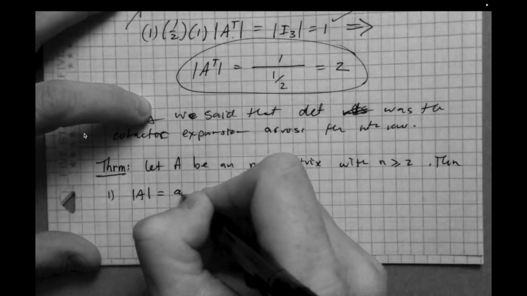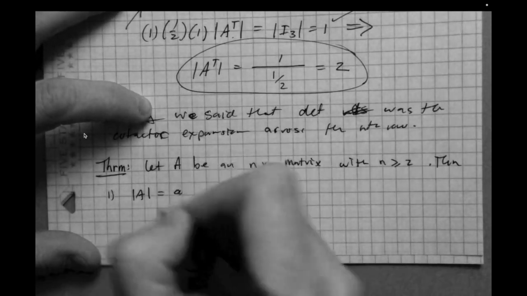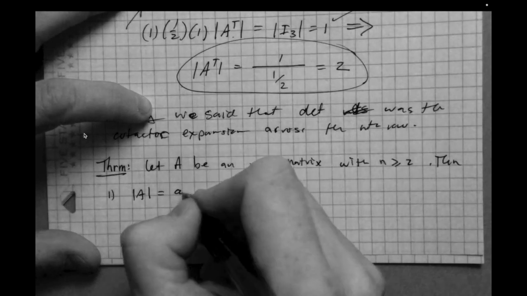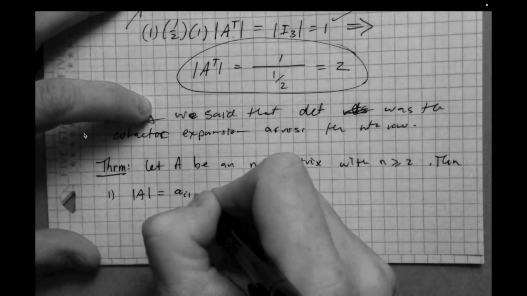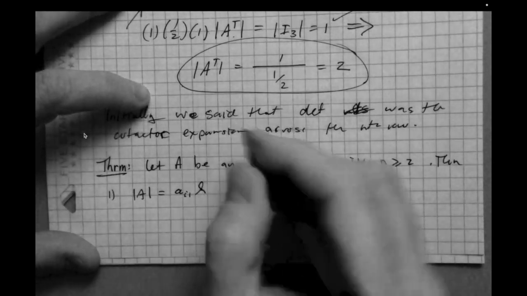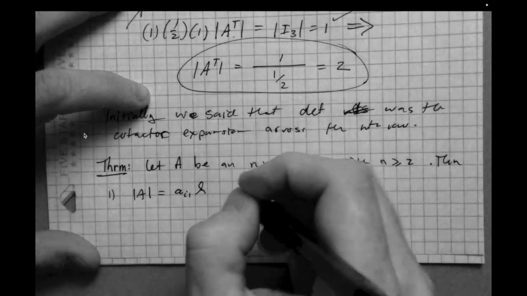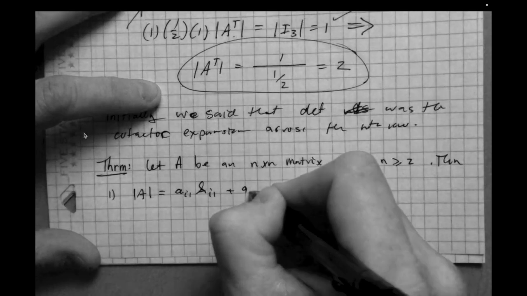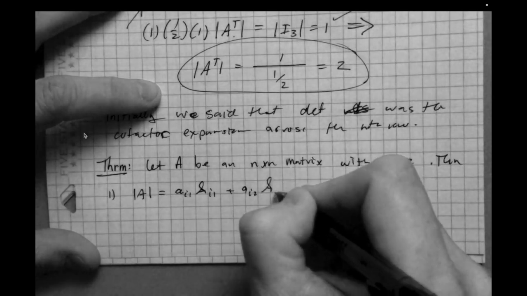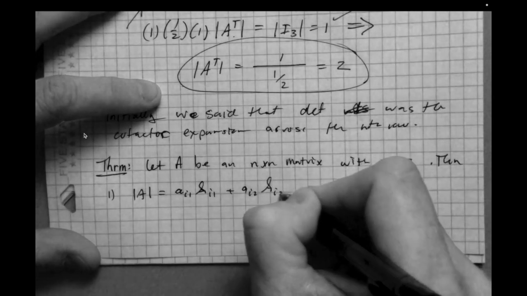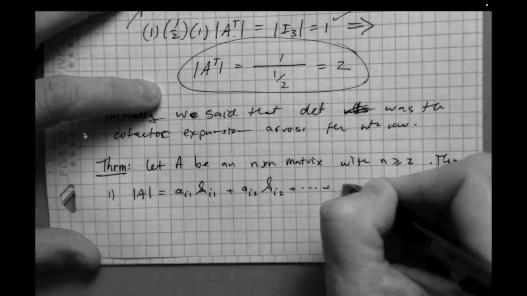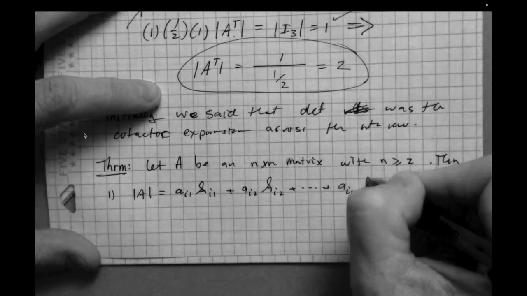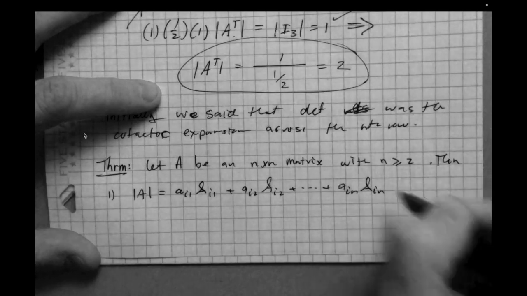So the way we would write that is the determinant of A is equal to A_i1 times the cofactor A_i1, plus A_i2 times the cofactor A_i2, plus dot dot dot, plus A_in times the cofactor A_in.